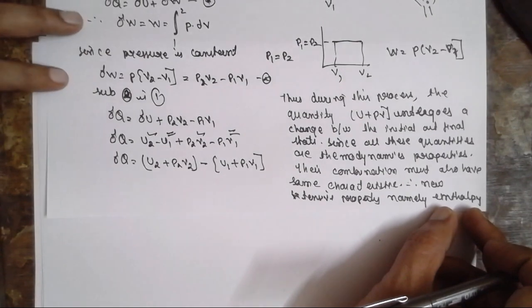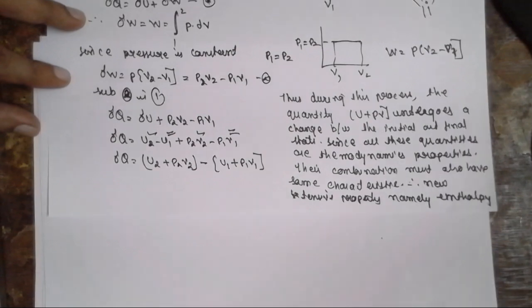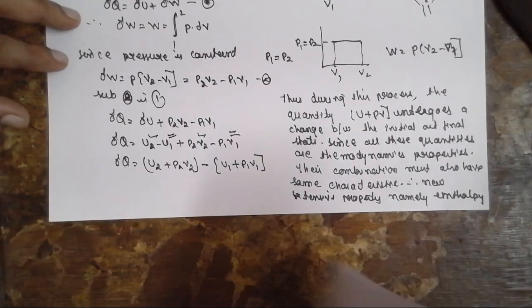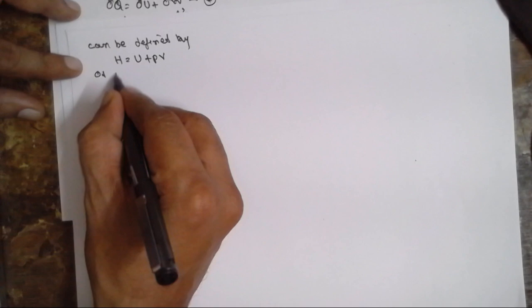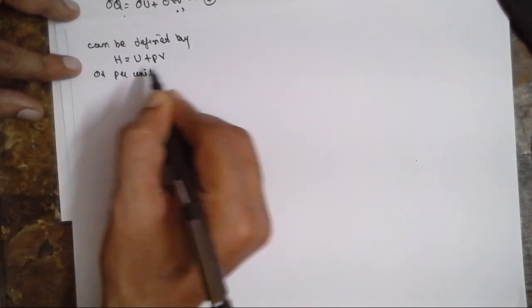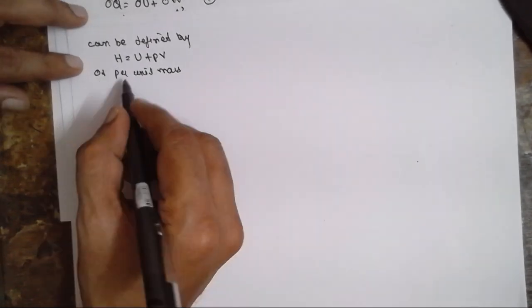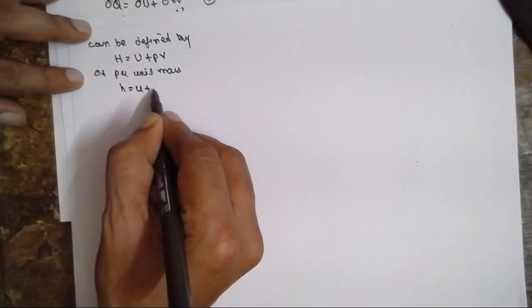Enthalpy is nothing but internal energy plus the product of pressure and volume. Or per unit mass, if you divide by mass, then it has to be written in small letters: h is equal to u plus small pv.